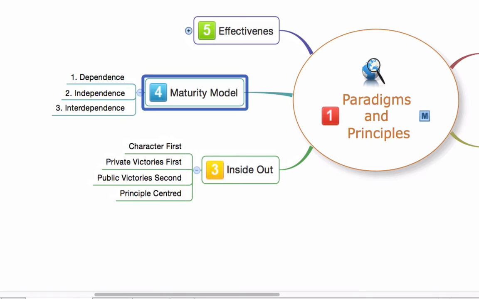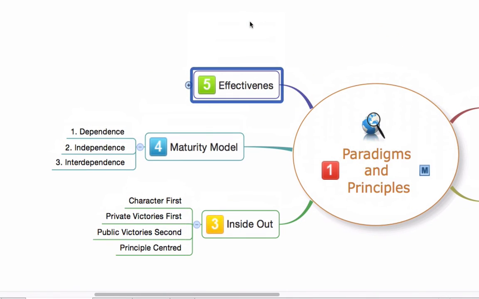But as you work through the habits, you'll get to a state of independence where other people are not that important in the way you feel or the way you live your life. That's a state of independence. But he believes that the ultimate goal is to get to interdependence, where you can actually work with other people in a synergistic way. But I feel I'm already going into too much detail. I'll cover that as we work through the 7 habits and show you how it naturally progresses through this maturity model.